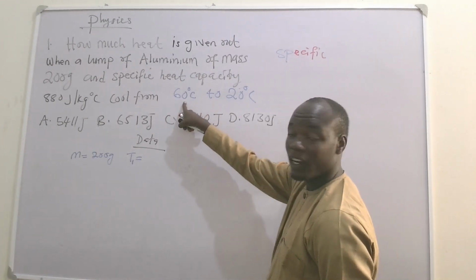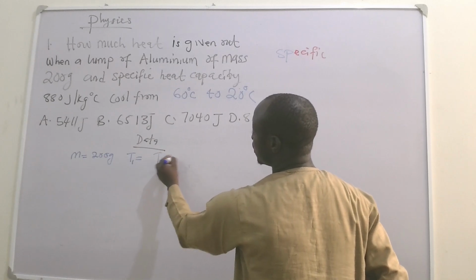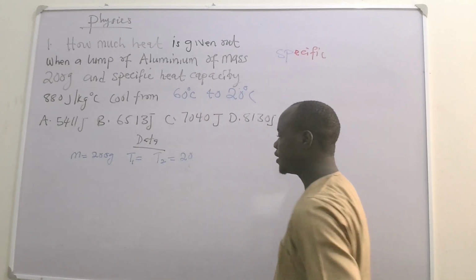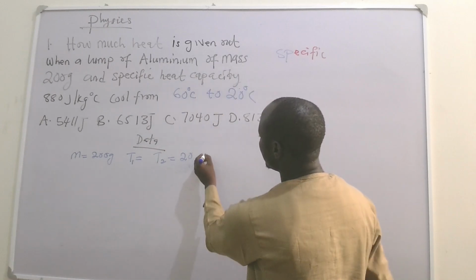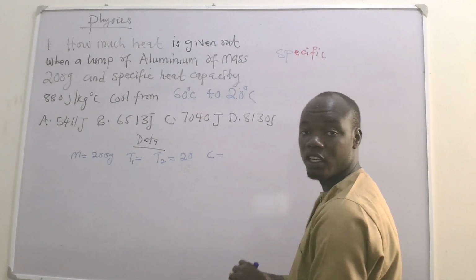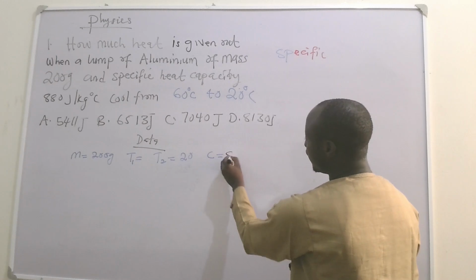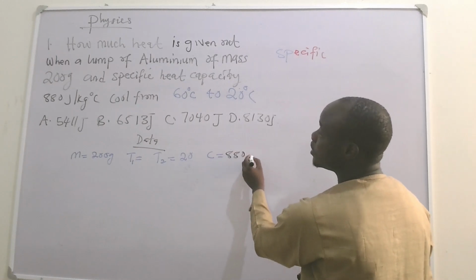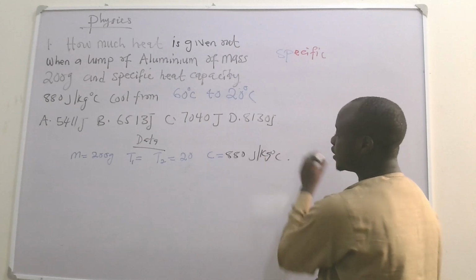So our T1 is 60 degrees centigrade and our T2 is 20 degrees centigrade. And of course, the specific heat capacity is already given as c, which is equal to 880 joule per kilogram per degree centigrade.